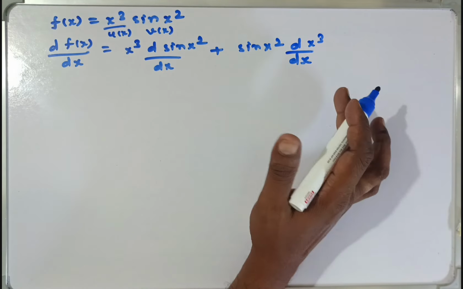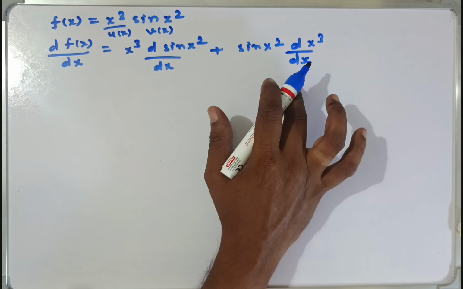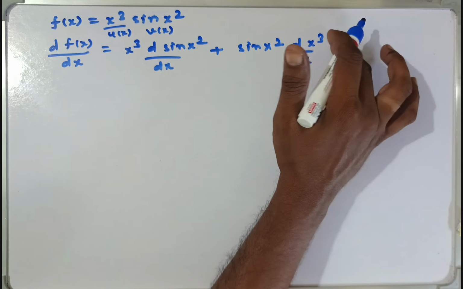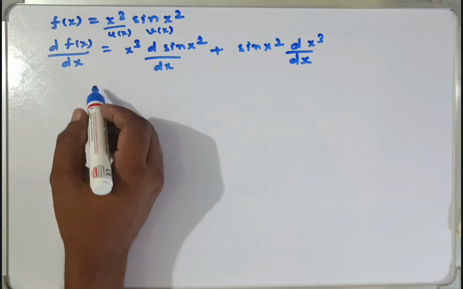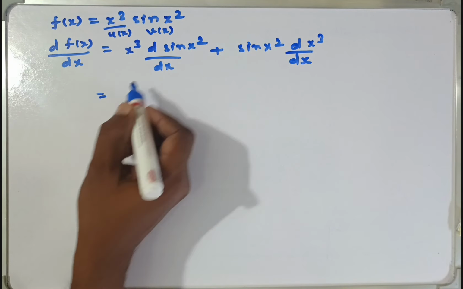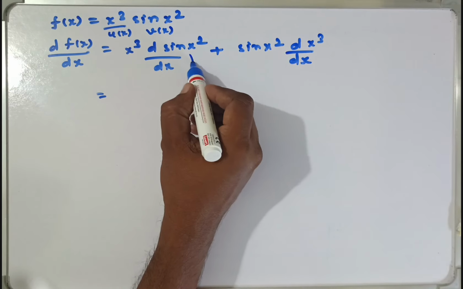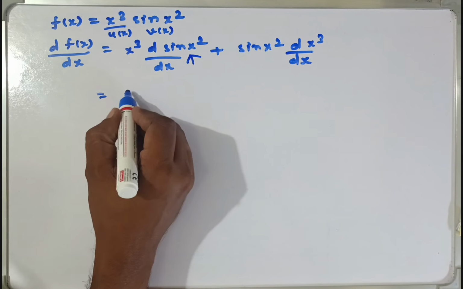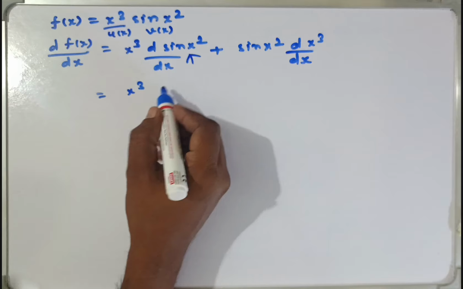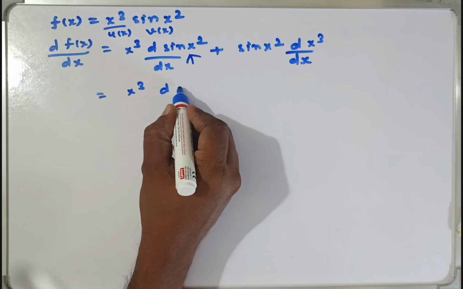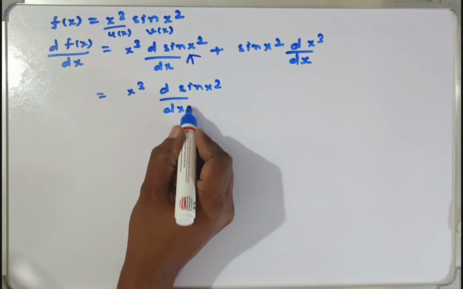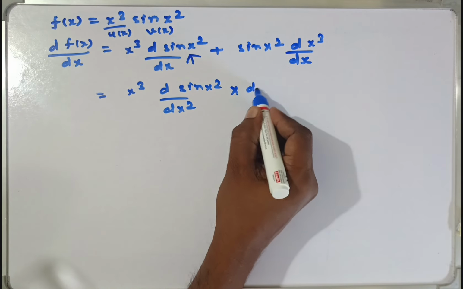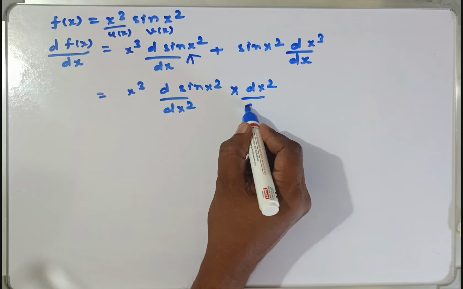Okay, divided by dx means we are taking a derivative of the function with respect to x. Okay guys, so here we can apply the chain rule for this one. So x cube times d sin x square and again d x square by dx.